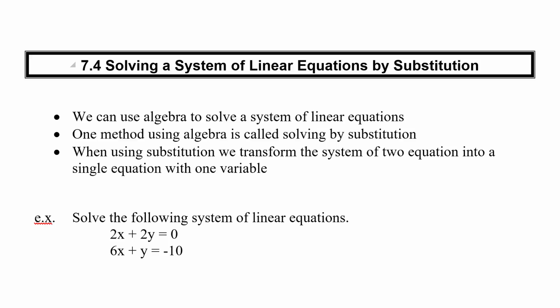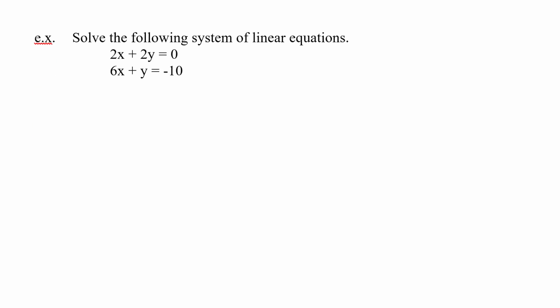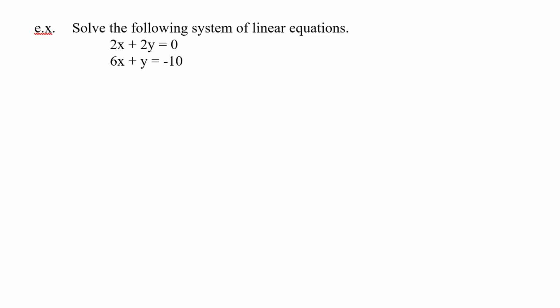Example number 1. Solve the following system of linear equations. We've got 2x plus y equals 0, and then 6x plus y equals negative 10. The first thing you want to do is choose one of your equations and one of your variables to isolate.